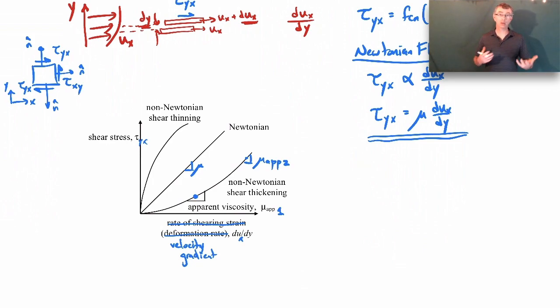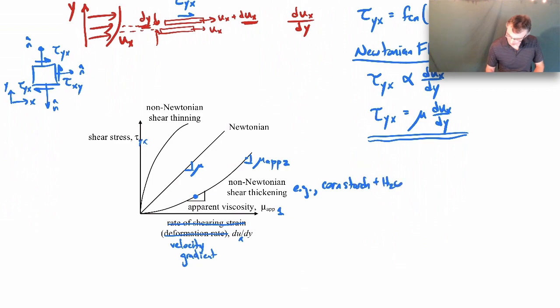Now, we've all probably dealt with a fluid like this before. In high school and such, it's a cornstarch and water mixture. Cornstarch and water, when you put them together, behaves in a non-Newtonian manner, and it's a shear thickening kind of fluid, similar to what I showed here. So one example of this is cornstarch and water. Sometimes it goes by the name oobleck.